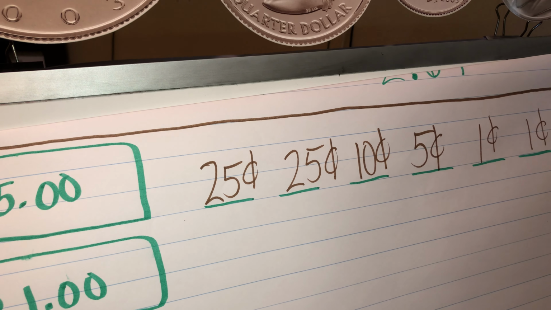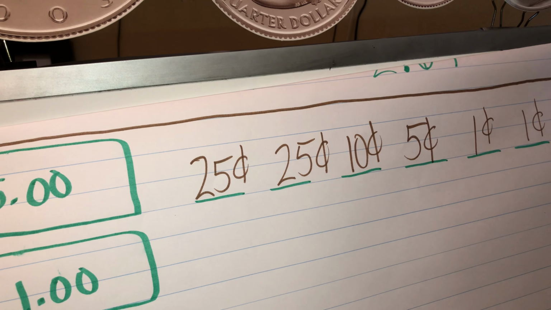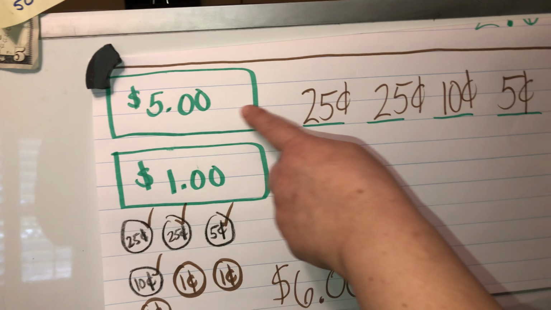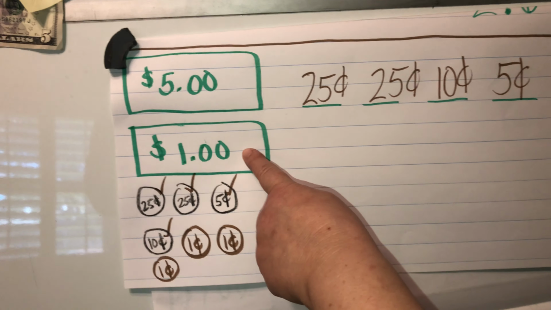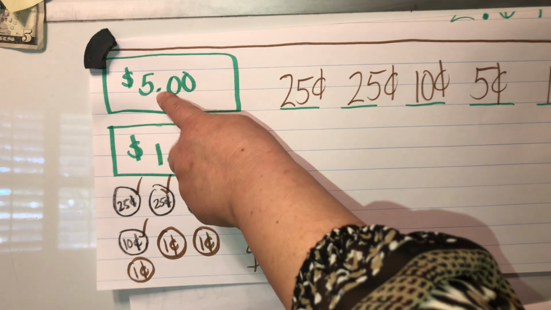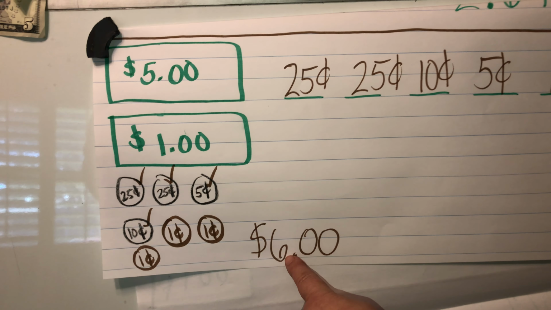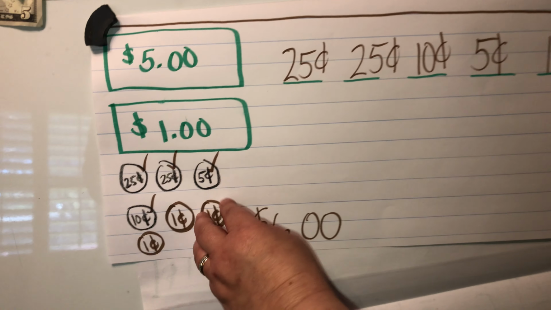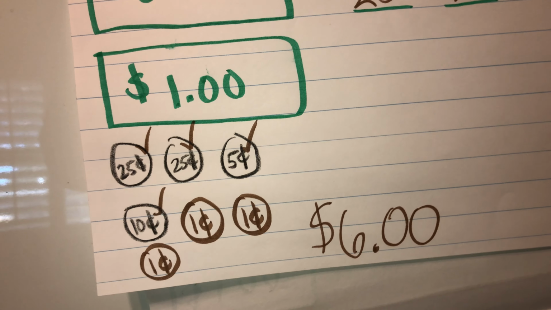So let's look at that together before I assign you your work. So we added our bills. We had a $5 bill and a $1 bill. And together that gave us 5 plus 1, gave us a 6. So we have $6. And then we went and ordered our coins by value.